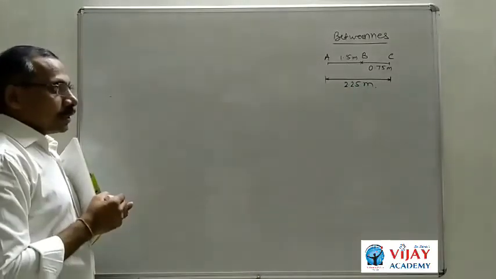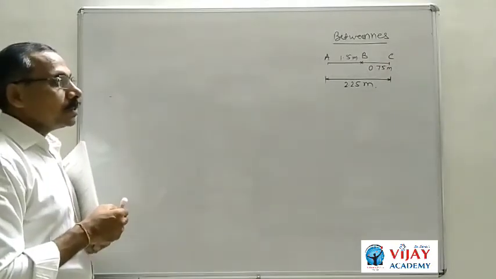So the largest distance is AC and is equal to AB plus BC.